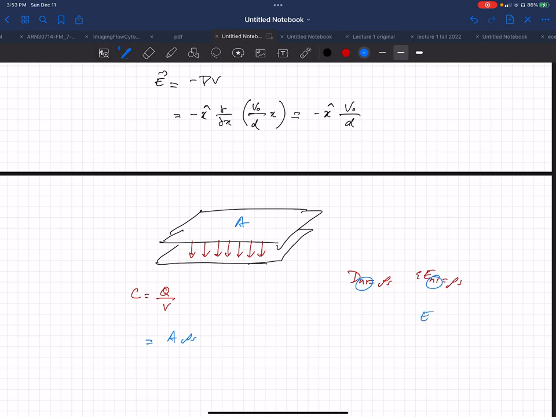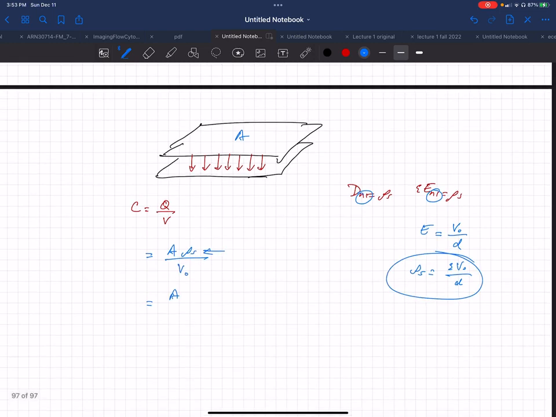Here, by the way, E is basically going to be V0 over D. So charge density is epsilon V0 over D. Dividing by V, which is V0, I'm going to plug that in here: A epsilon V0 over D over V0.